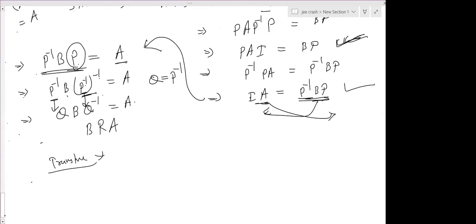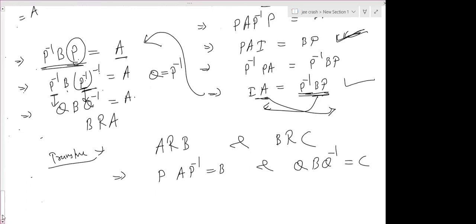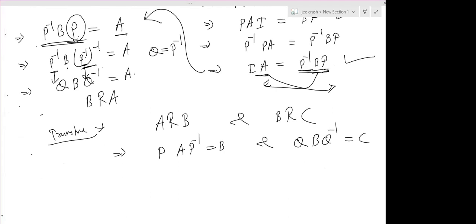In a transitive relation, they will give us A is related to B and B is related to C. So from here I can write P A P inverse equals B, and from here I can write Q B Q inverse equals C. So if B equals this, then I can put the value of B here.